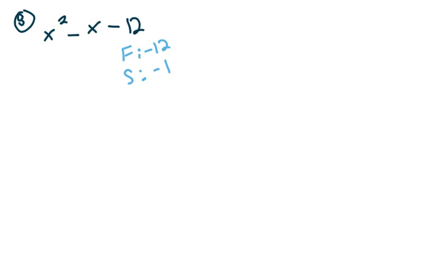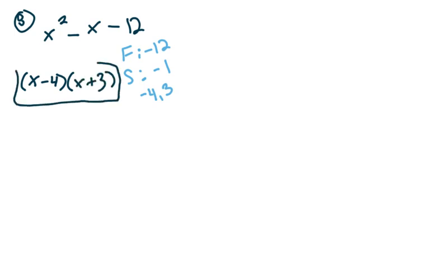These two numbers should be a negative 4 and a positive 3. So I get x minus 4 and x plus 3. Now if we wanted to always check our answers, we could distribute them out and combine like terms.